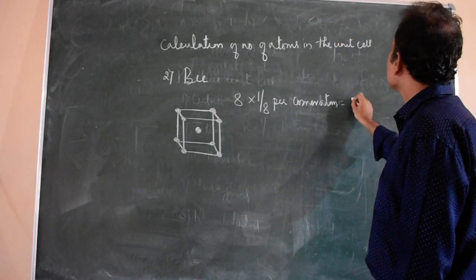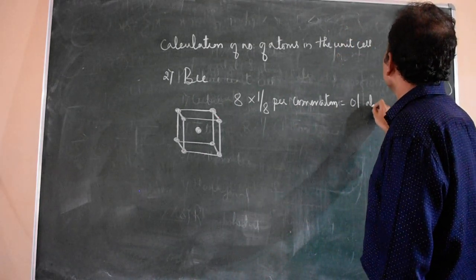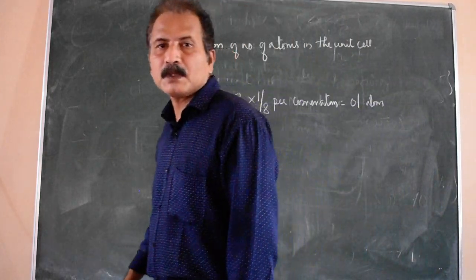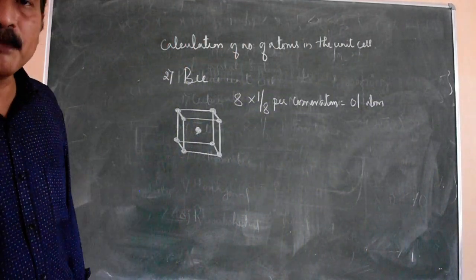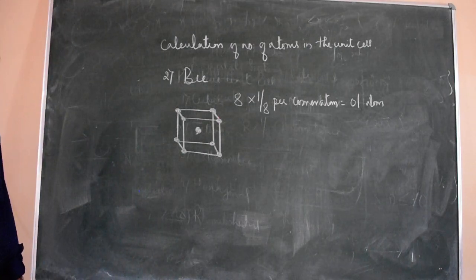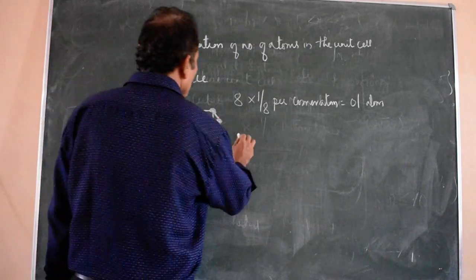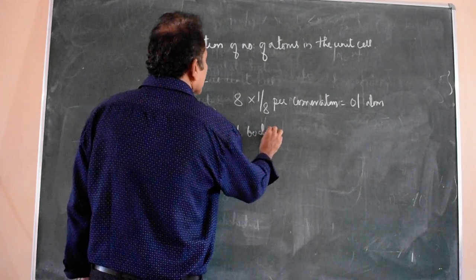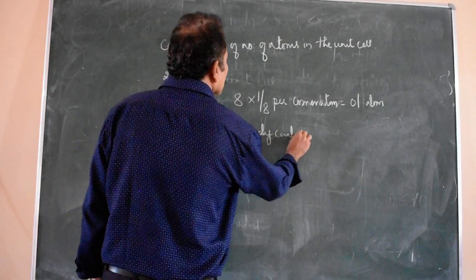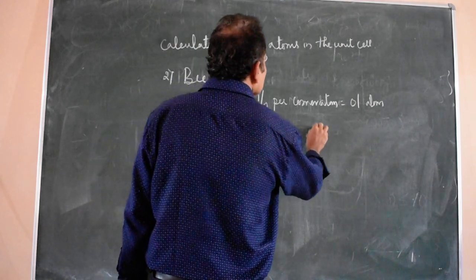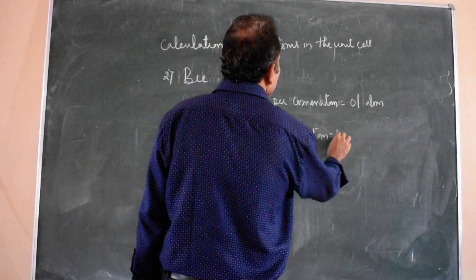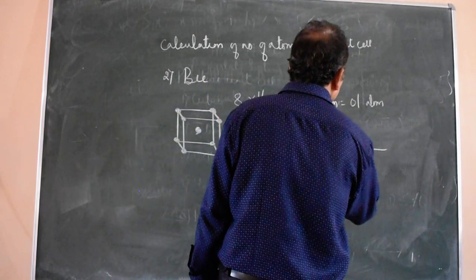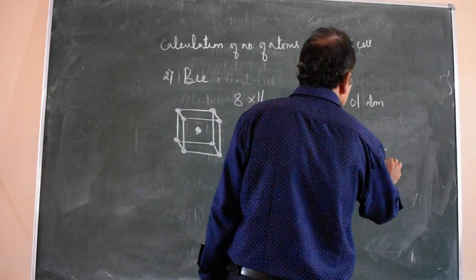So how much you get? You get 1. Then what is at the body center? The one which is at the body center is independent, so you have to take it as 1. You have to write it as 1 into 1, that is equal to 1. So totally you get 2 atoms.